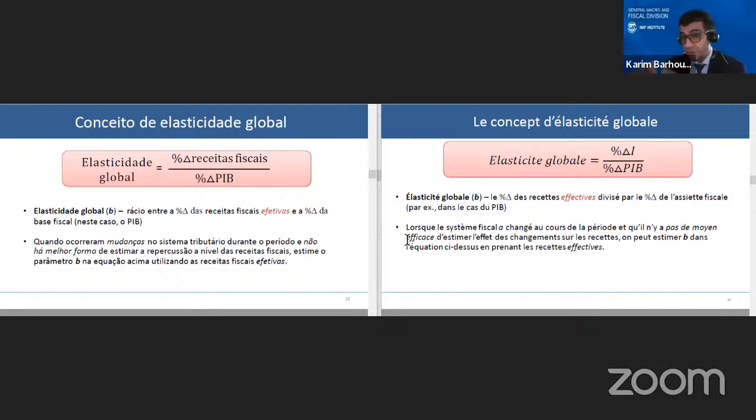Is it due to automatic change resulting from the tax base dynamic, or due, as I highlighted on the buoyancy side, to discretionary policy action? So here, to summarize, the buoyancy compared to the elasticity is based on the actual revenue and not under the hypothesis that there is no change in the tax system.